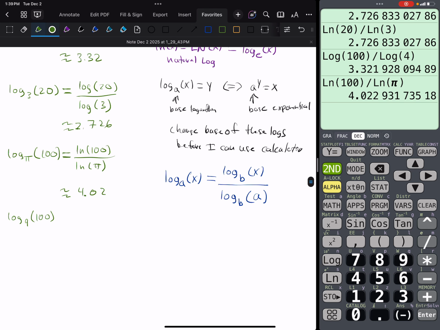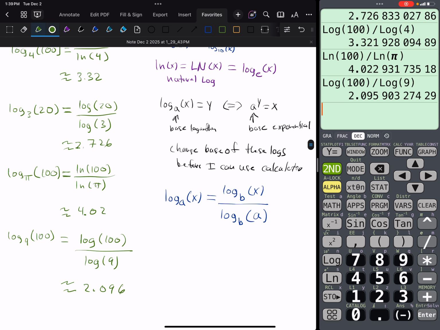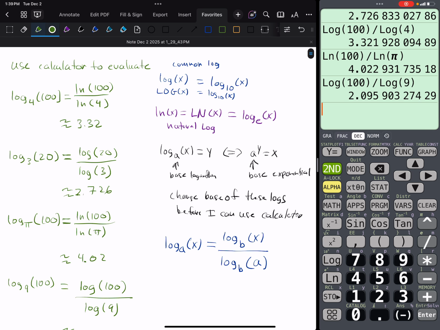With this last example, let's just do common log: log of 100 divided by log of 9. That'll be approximately 0.96, something like that.